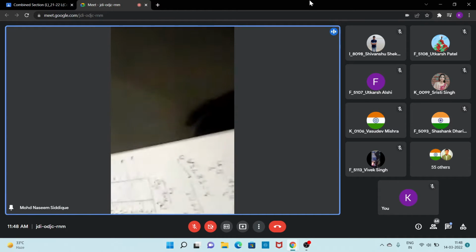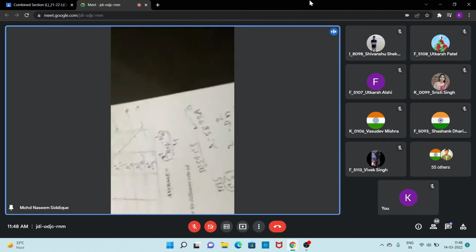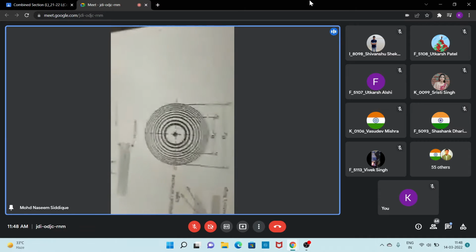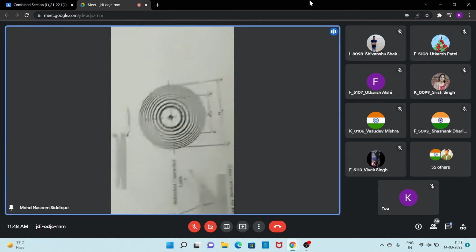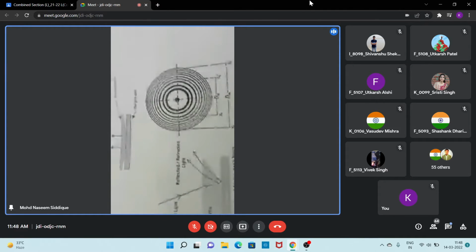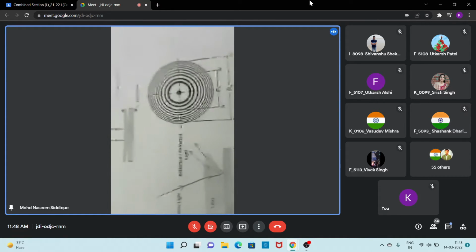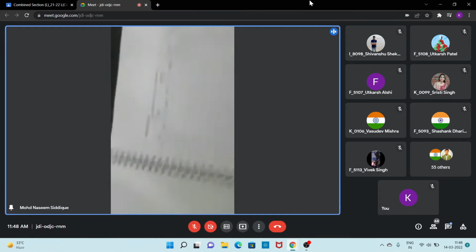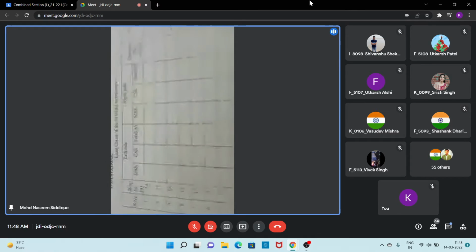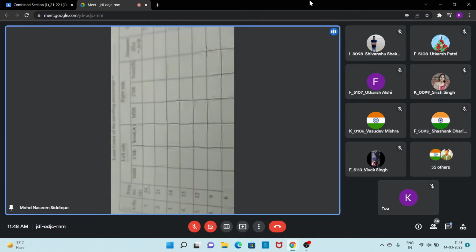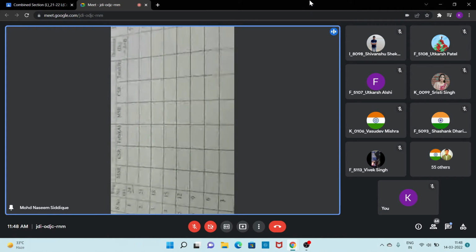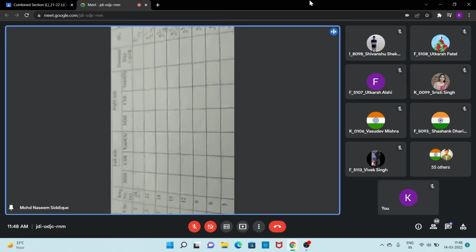Okay, so the only difficulty is to measure the reading. Whatever fringes you get will look like this, so whatever measurement you make will be very accurate. And to check the reading, this is the process. Suppose you are going from higher rings to lower rings, from 24th to 3rd, so the diameters of all the rings will be in decreasing order.